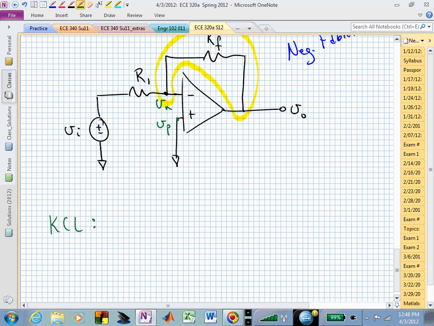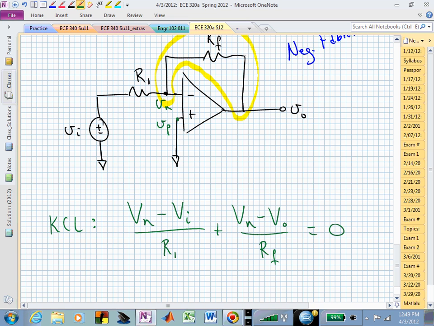And all I need to do then is find the current going to the left, which in the frequency domain is now V sub N minus V sub I over R sub 1. Those are all functions of the complex frequency variable S. And I have the current going up, which is V sub N minus V sub O over R sub F. I'm saying R sub F for the feedback resistor. Those are my only two currents, and those need to sum to 0.